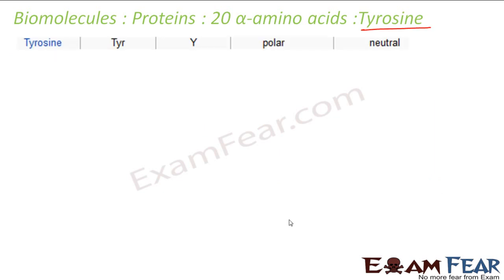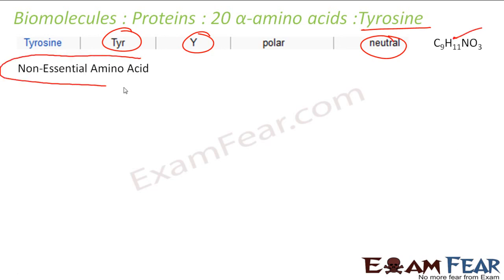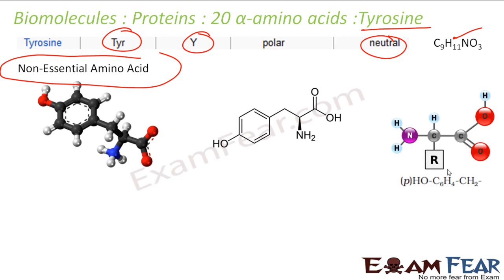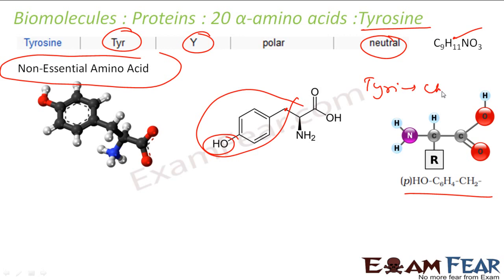The next is tyrosine. TYR is the three letter. Y is the single letter. It's also neutral. This is the molecular formula. This is again a non-essential amino acid. This is the structure. If you compare with the general structure, this is my R. That is nothing but at the para position I have OH, then a benzene ring, and then a CH2 here. This is my R. Tyros means cheese in Greek.